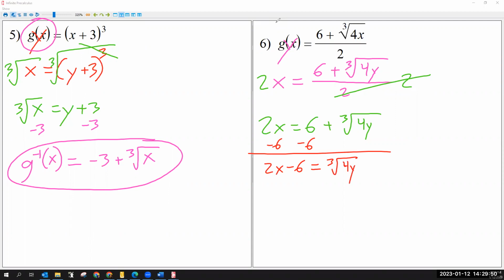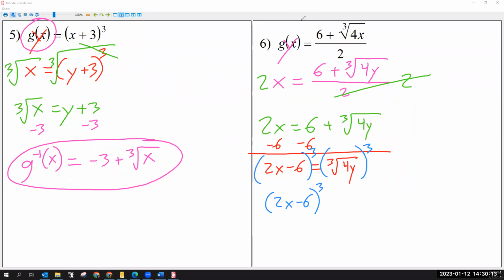Well, again, we use the cubed root to get rid of an exponent of 3. So I'm going to use an exponent of 3 to get rid of the cubed root. Okay, so 2x minus 6 to the third power. And no, we're not going to actually do 2x minus 6 to the third power and multiply that out.